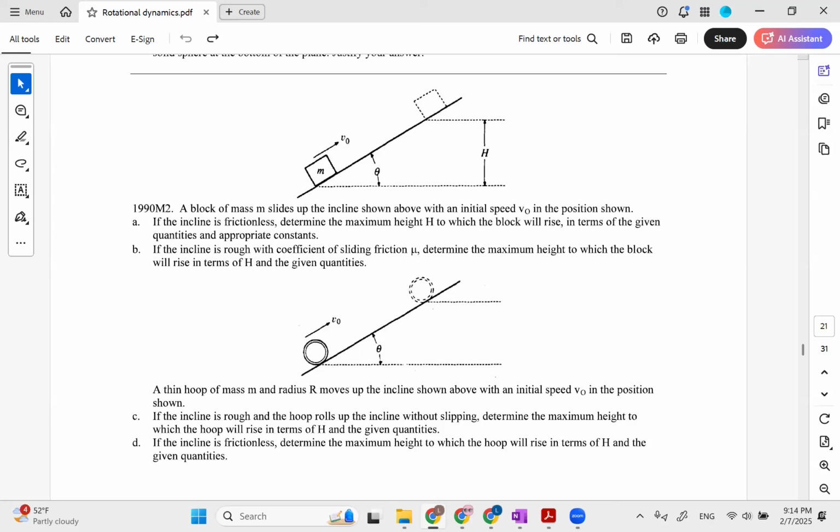A thin hoop of mass m and radius r moves up the incline shown above with an initial speed v naught in the position shown. If the incline is rough and the hoop rolls up the incline without slipping, determine the maximum height to which the hoop will rise in terms of h and the given quantities. If the incline is frictionless, determine the maximum height to which the hoop will rise in terms of h and the given quantities.